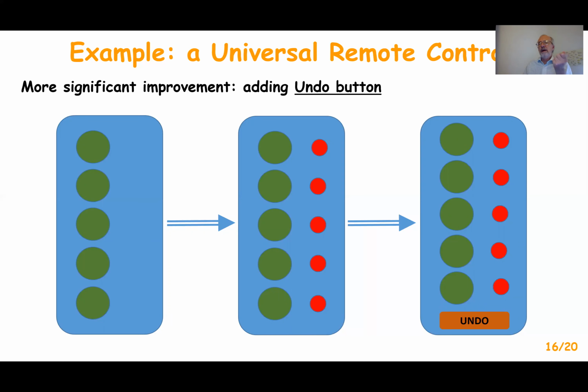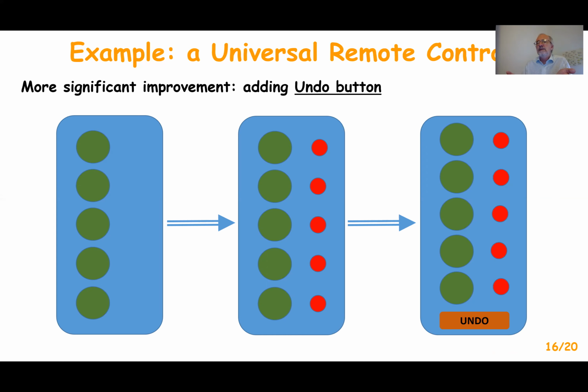For example, if I switch on my radio, and I have decided to switch it off, I wouldn't like to find the appropriate button on my device. I would prefer just to push the undo button to undo my last action.